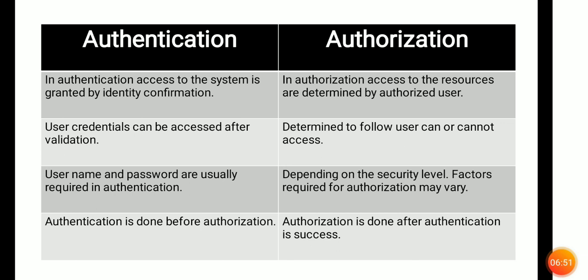Authorization determines whether the user can or cannot access. Username and password are usually required in authentication. In authorization, depending on the security level, the factors required for authorization may vary.